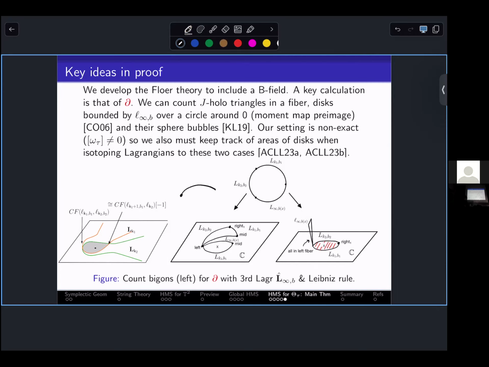You fix the Lagrangian and just have a one-dimensional moduli space of this and look at it in 2 ways, like degeneration. That's the first step. And then we move the Lagrangians again. So first we degenerate the disks to these two, and then we produce a cobordism of moduli spaces.